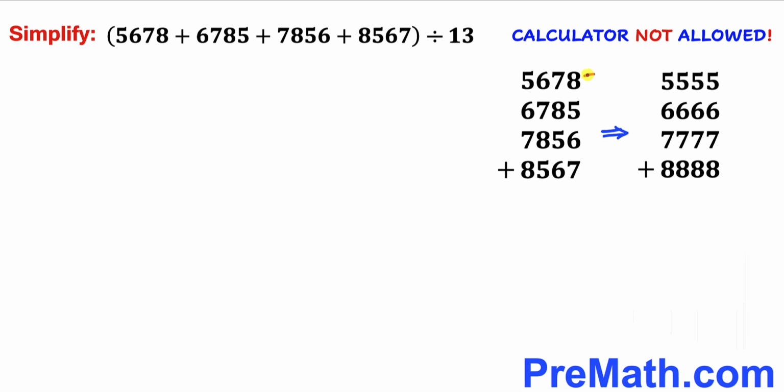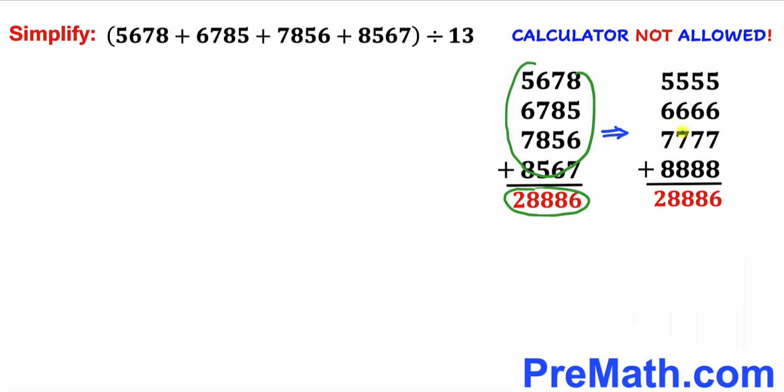So all these numbers could be written as 5,555, 6,666, 7,777, and finally 8,888. Now if we add these numbers up, we are going to get exactly the same number as when we add the original numbers up.